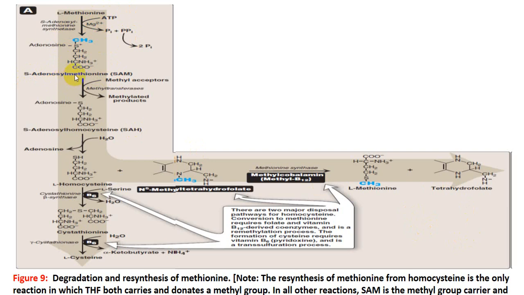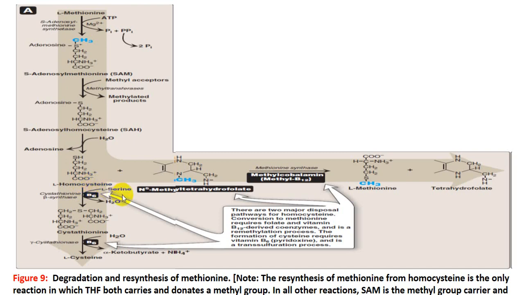S-adenosyl methionine is high energy and represents the major methyl group donor. This compound is converted to S-adenosyl homocysteine, then hydrolyzed to give adenosine and homocysteine.